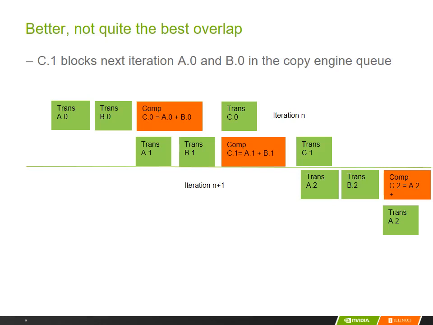So this fails our design to overlap the transfer of A2 and B2 with the compute of C1.